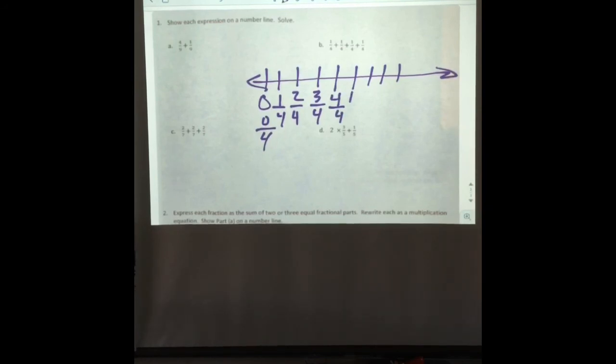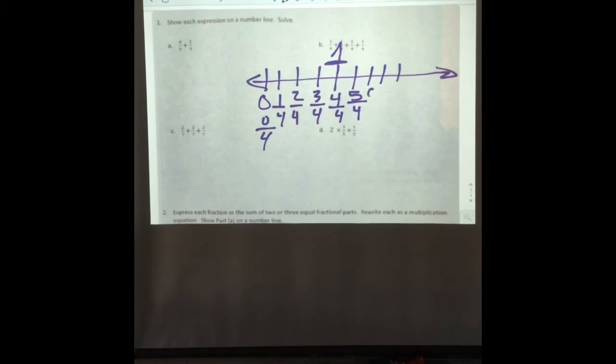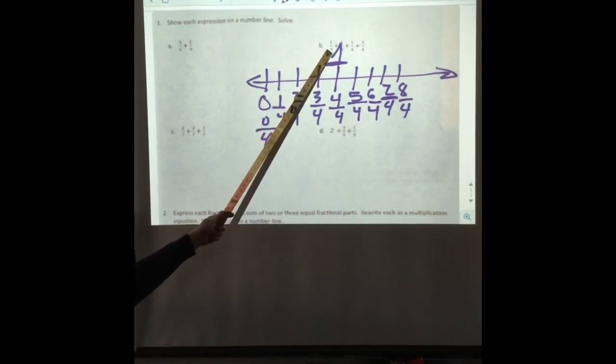What is 4 over 4? 1 whole. What's 5 over 4? Improper fraction. 6 over 4, 7 over 4, and 8 over 4. Is that correct? Now, how many fourths do we have?